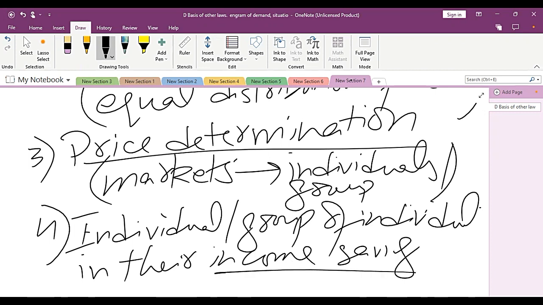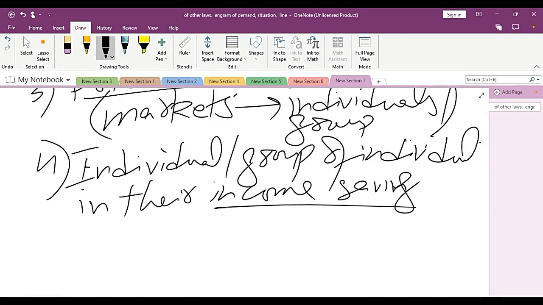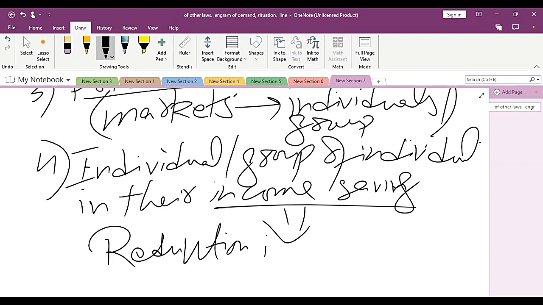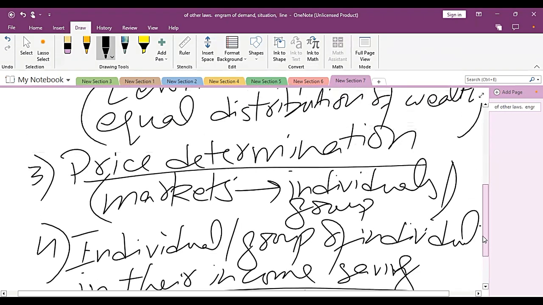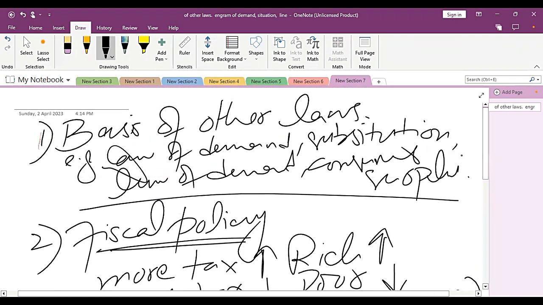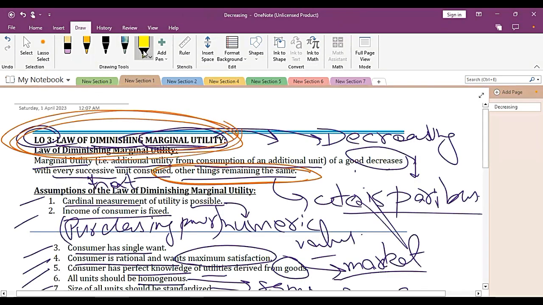Income saving means a reduction in expenditures. So these are the four practical significances or practical importance of learning the concept of the law of diminishing marginal utility.